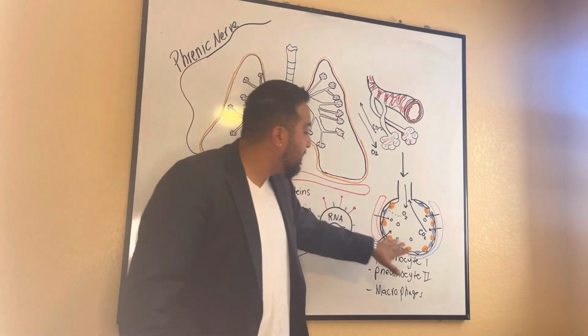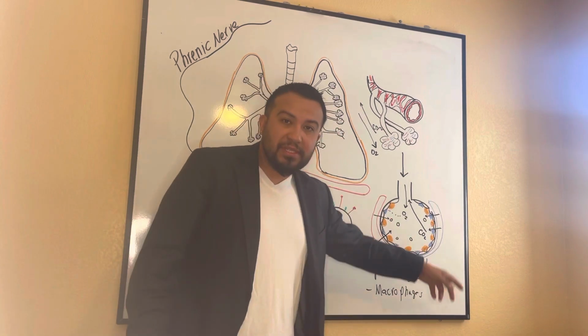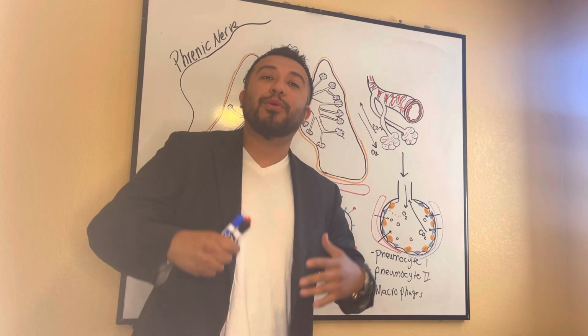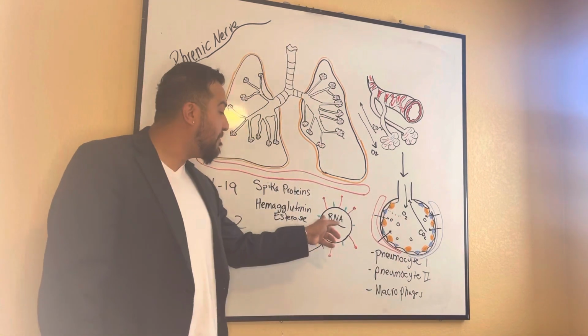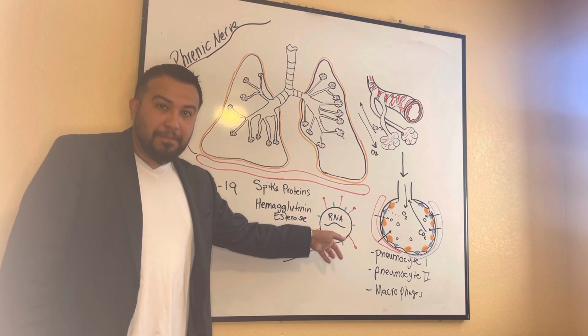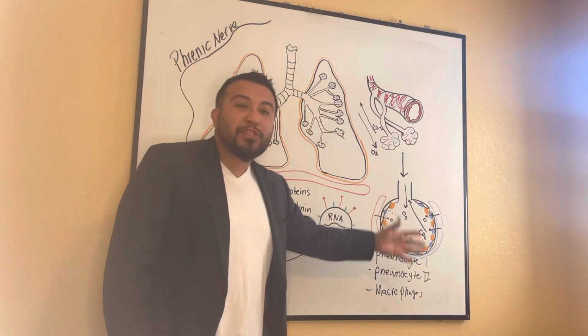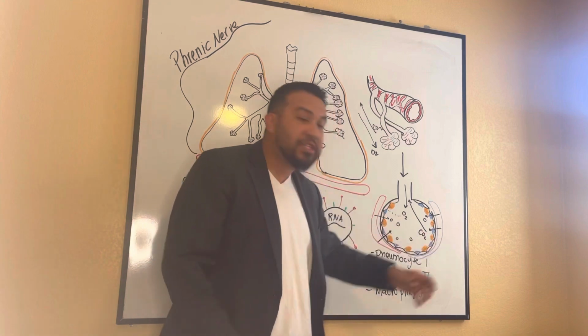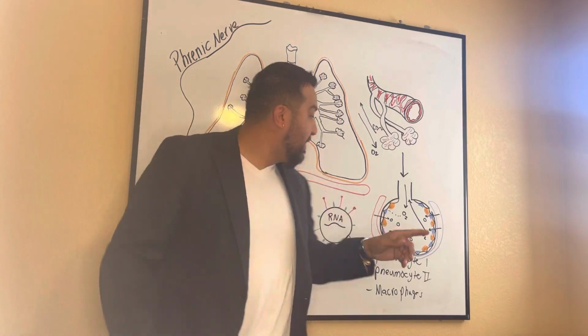So you have a bunch of defective cells being produced, like your pneumocyte type 1 cells, let's say your epithelial cells that are supposed to provide adequate gas exchange, and now they're not doing their job because they're infected with this virus.